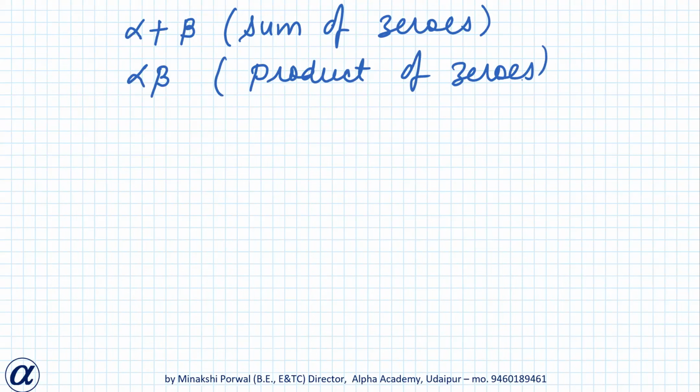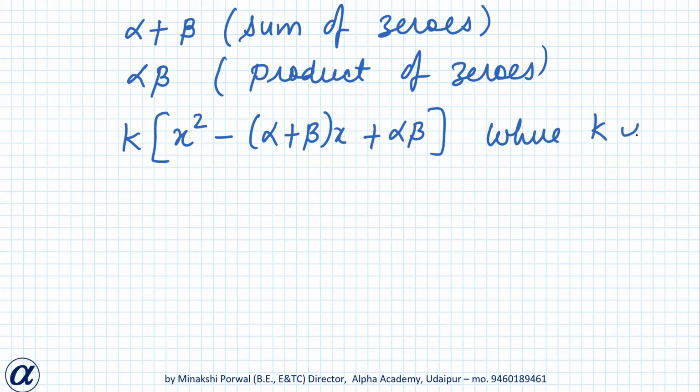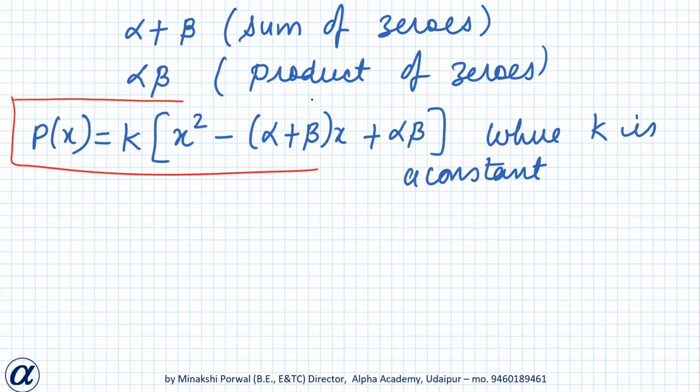So polynomial is given by k into x square minus alpha plus beta into x plus alpha beta, where k is a constant.